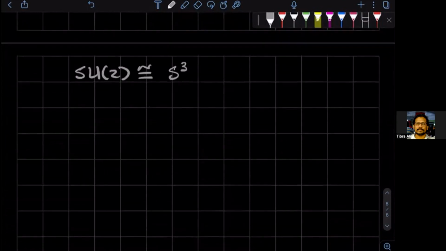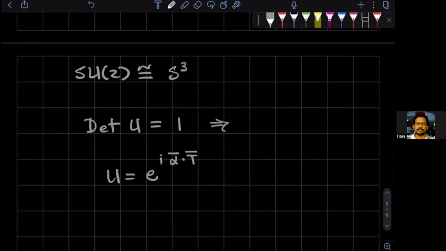The other thing we know is that the determinant of U is 1. So if I write U as e to the power i alpha dot t, then what does it mean for the t's? That means that the t's are traceless, right?